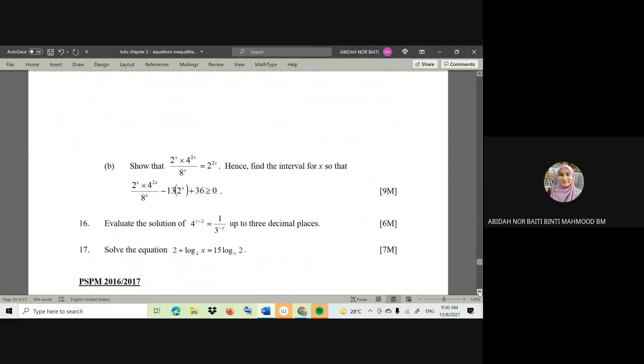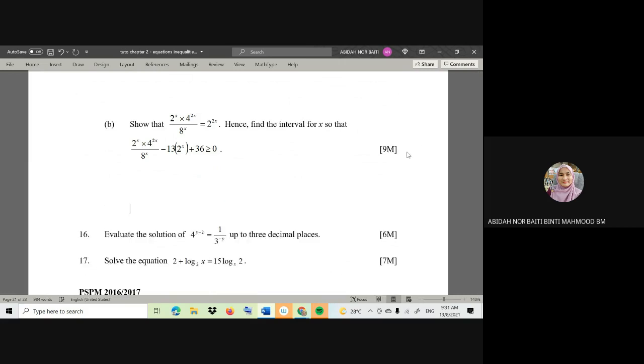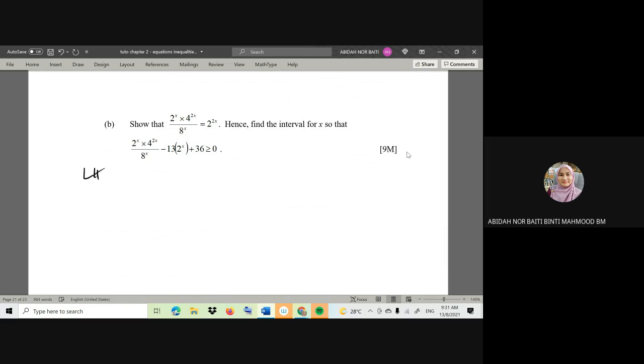Okay, for question B, kita tengok question B. Show that, okay, mula kita kena show dulu lah ni. We have to show first. Okay, we start from left hand side ya. Kalau show kita kena start dari left hand side lah. So your left hand side is 2^x times 4^(2x) over 8^x.